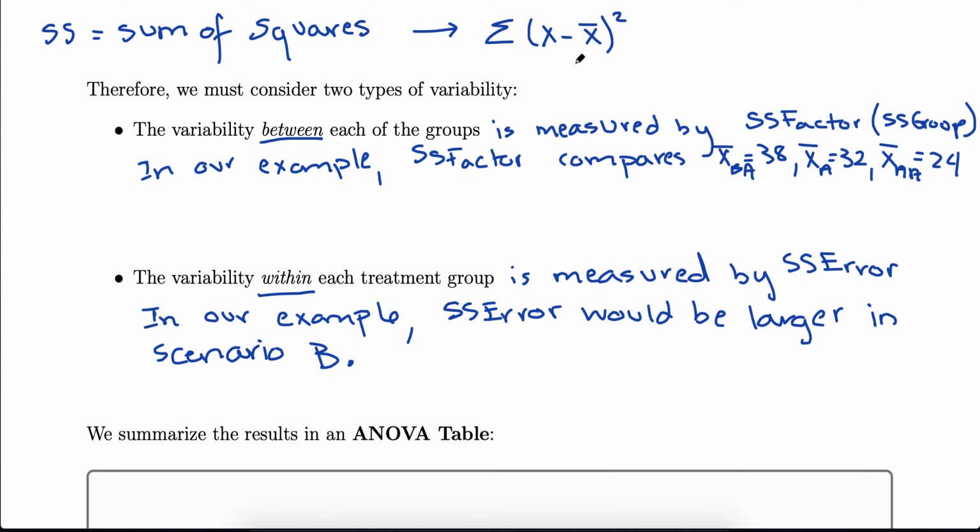This should make you think of, hey, this is kind of the numerator part of our formula for variance. Now we're getting closer to why this is called analysis of variance. Here's the numerator part of that formula for variance. That's what these sum of squares terms are. One is for comparing the variance of these three numbers. The other one is the variance within the groups. Is it a big variance or a little variance?